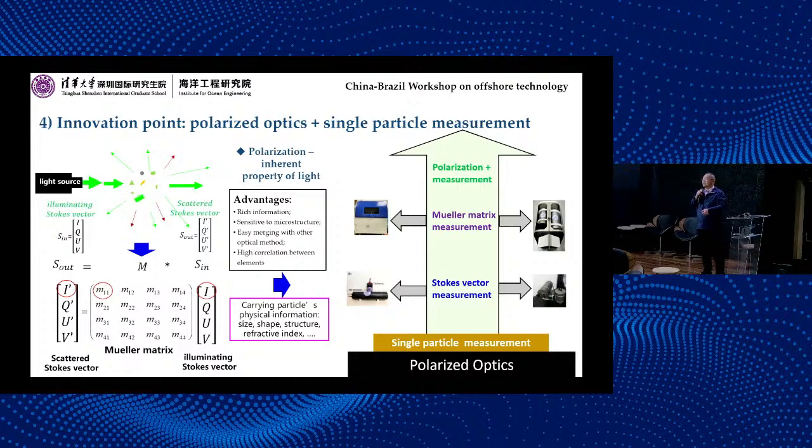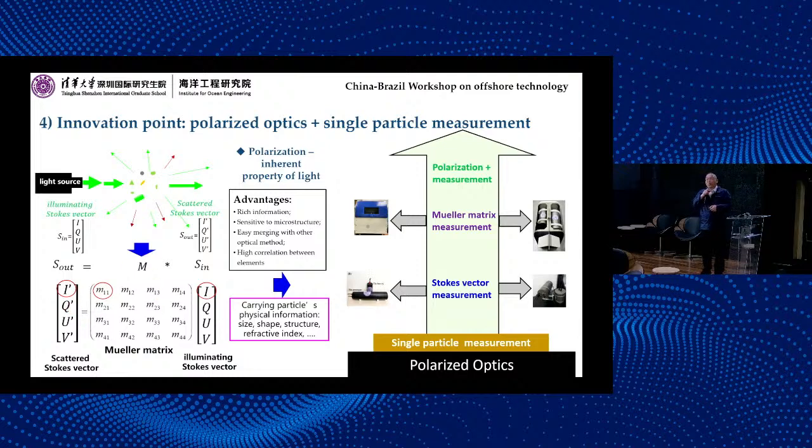So we use this very simple formula to describe this physical process. Here this is the input, this is the output, and this 4x4 matrix is named the Mueller matrix. It describes the polarization properties of the particle.